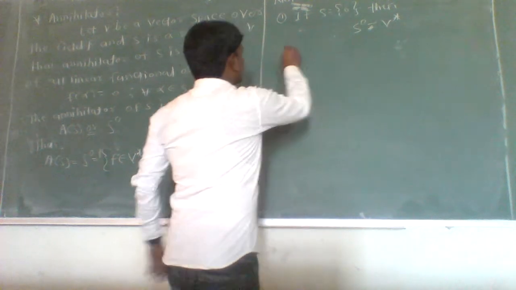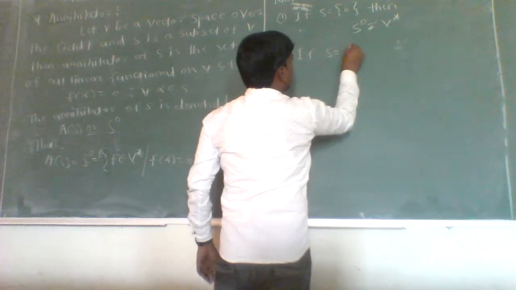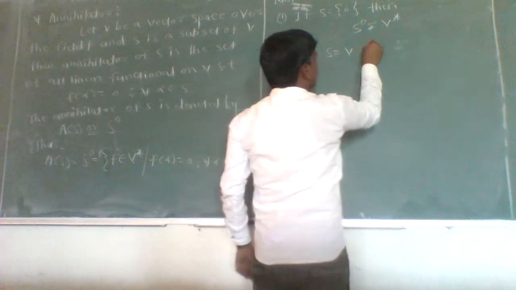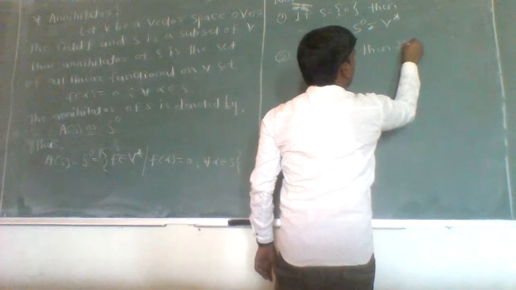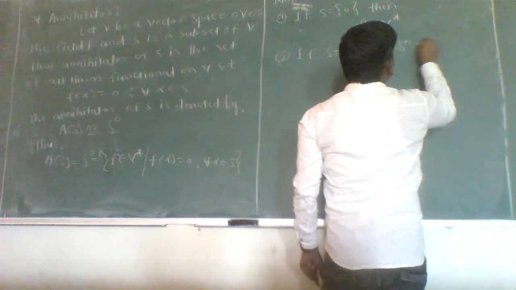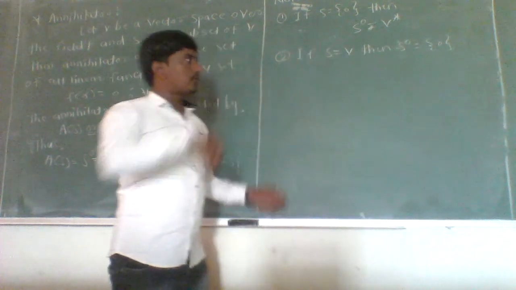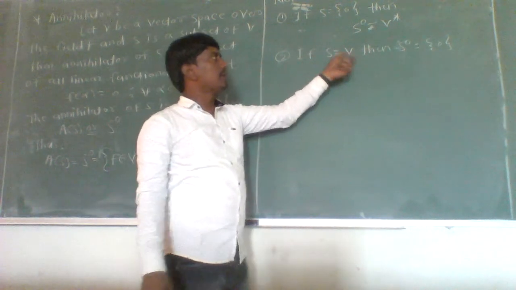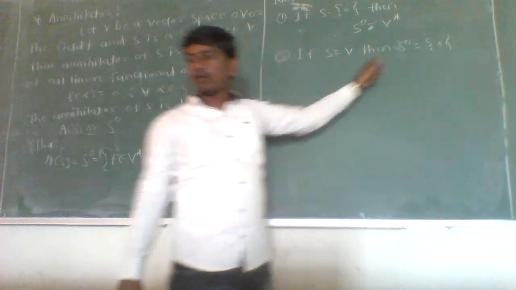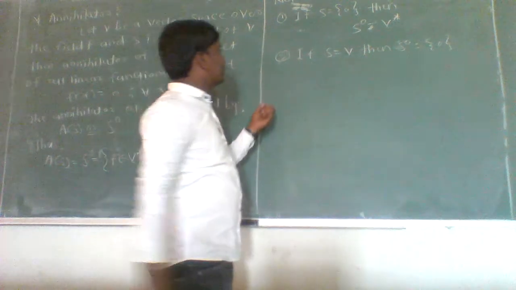Now, the second one: if S equal to V, then the annihilator of S is equal to singleton 0. Suppose S is equal to vector space V, then we have to prove that the annihilator of S is equal to singleton 0.